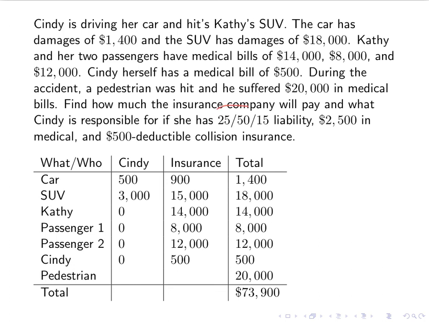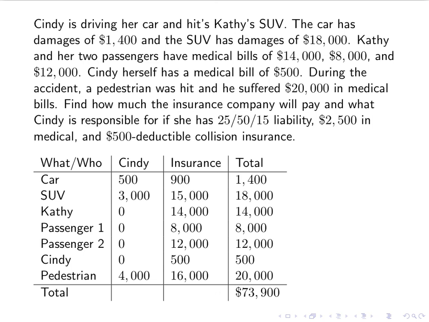Then comes the pedestrian. Pedestrian is also a person, so it's still covered under bodily. $20,000 is under the per person limit. So as long as the total for people is still under $50,000, the insurance company will pay it. Unfortunately, if we add up all the people, it is more than $50,000. So the insurance company will pay up to $50,000 total, and Cindy has to pay the rest.